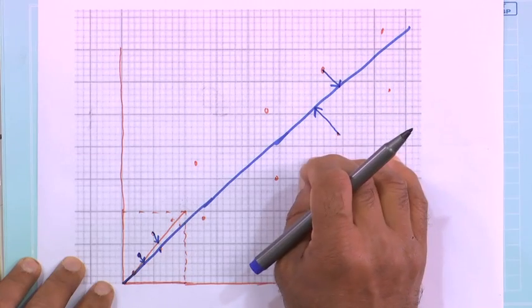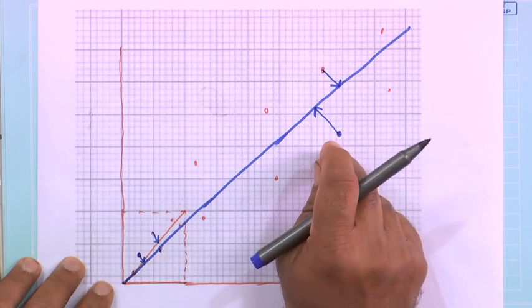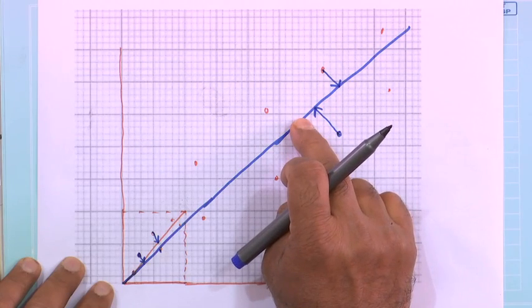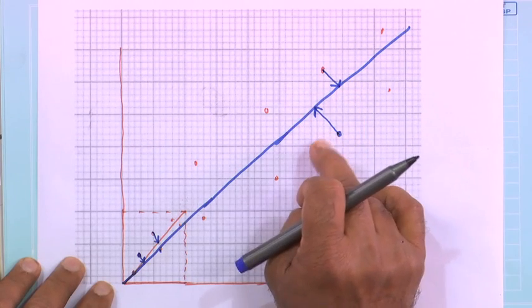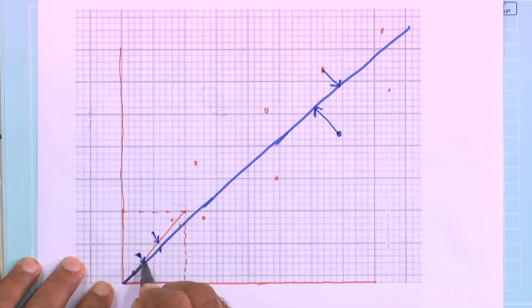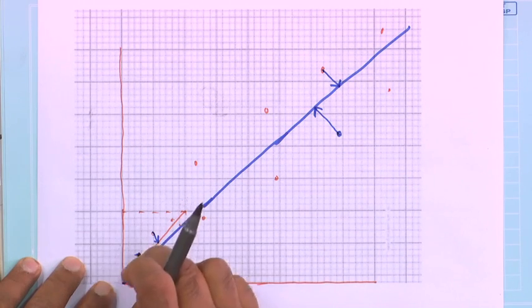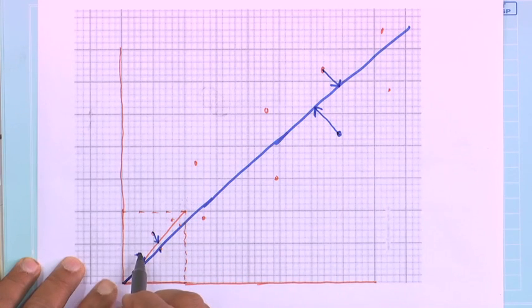It will help you to find out the deviation from the average curve of your data points more accurately, because here you have to count what the deviation is, right. From the scale you have to find out this is the deviation.